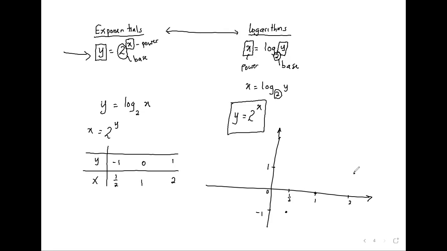This time around, this power is the one that becomes the asymptote. So this is always the asymptote. Now, that variable is the one that gets the asymptote.